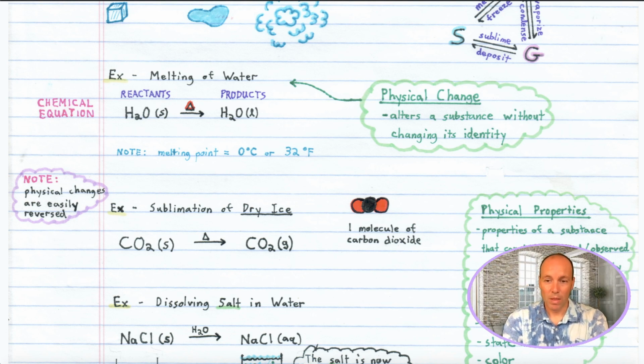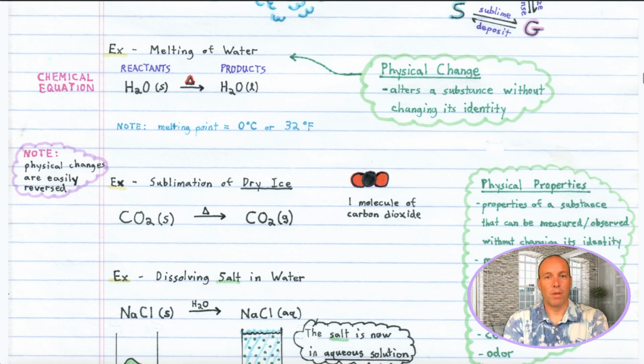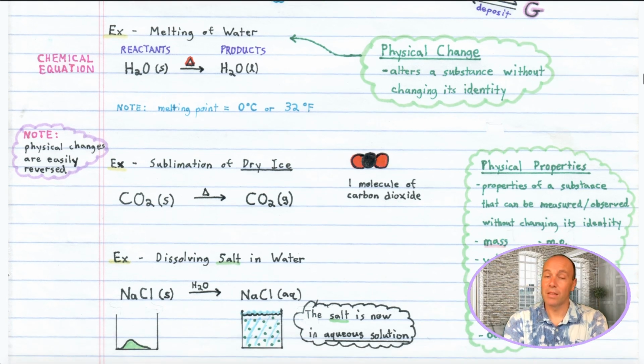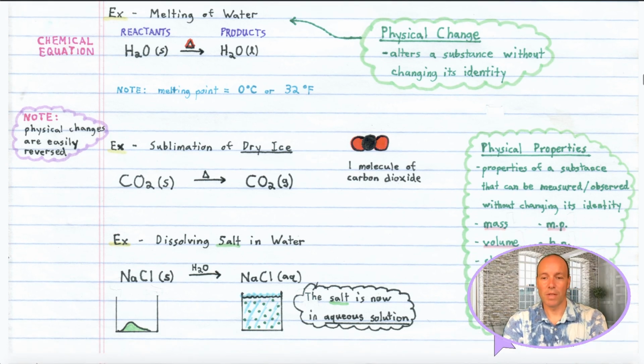Well, one thing that you can observe or measure is the mass. You can put the chunk of matter on a scale and weigh it, and you're not really changing that chunk of matter. You can measure the volume without changing it. You can look at its shape. You can look at its state. Is it solid, liquid, or gas? You can observe its color without it changing. You can observe its odor, if it smells or not.